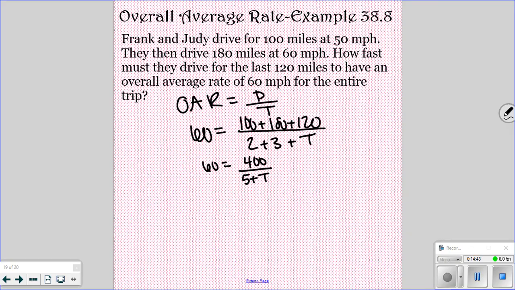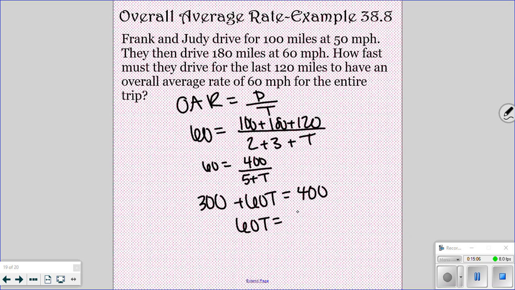And so I'm going to cross multiply to get 300 plus 60t equals 400, and then 60t is going to be equal to 100. And then t is going to equal 5 over 3. So that's the time that they're going to spend on the last leg.